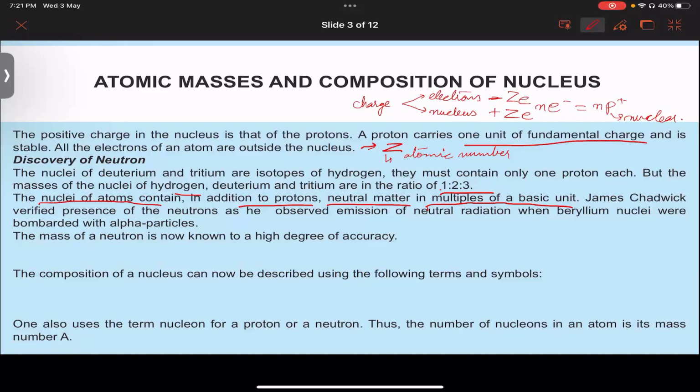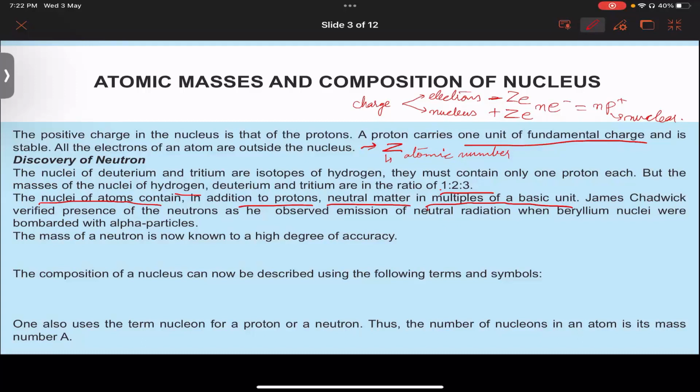This motivated a scientist called James Chadwick to perform experiments in which he verified the presence of neutrons. He did that by observing the emission of neutral radiation when beryllium nuclei were bombarded with alpha particles.